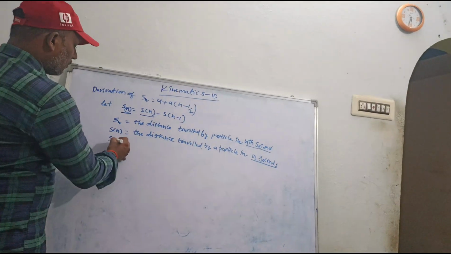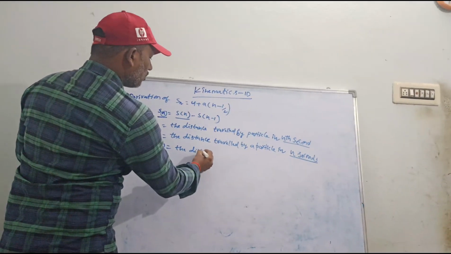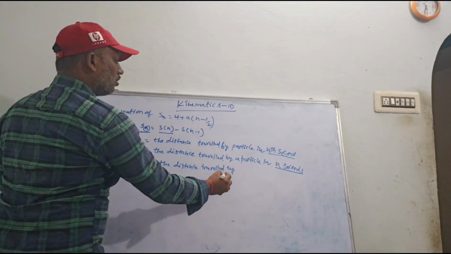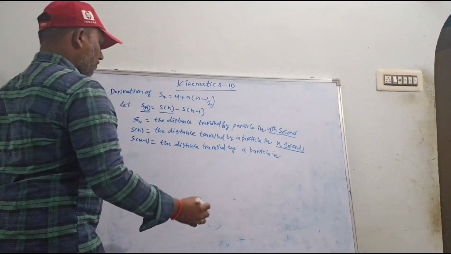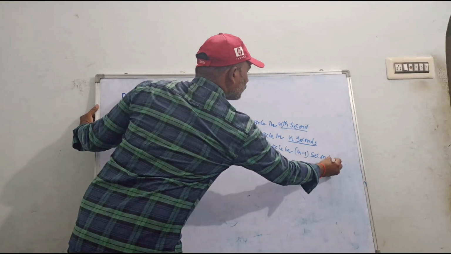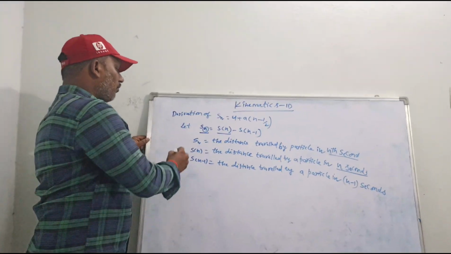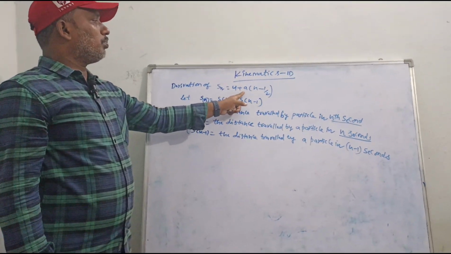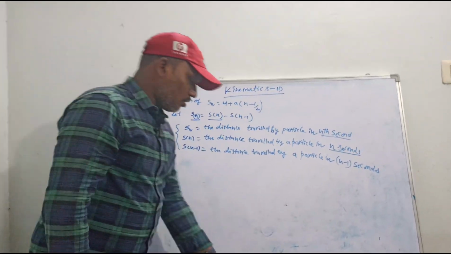Next, what is S of n minus 1? It is nothing but the distance traveled by a particle in n minus 1 seconds. So this is very, very important. These three things everybody must be aware of. Then only you can learn Sn is equal to u plus a into n minus half. So please keep in mind guys.